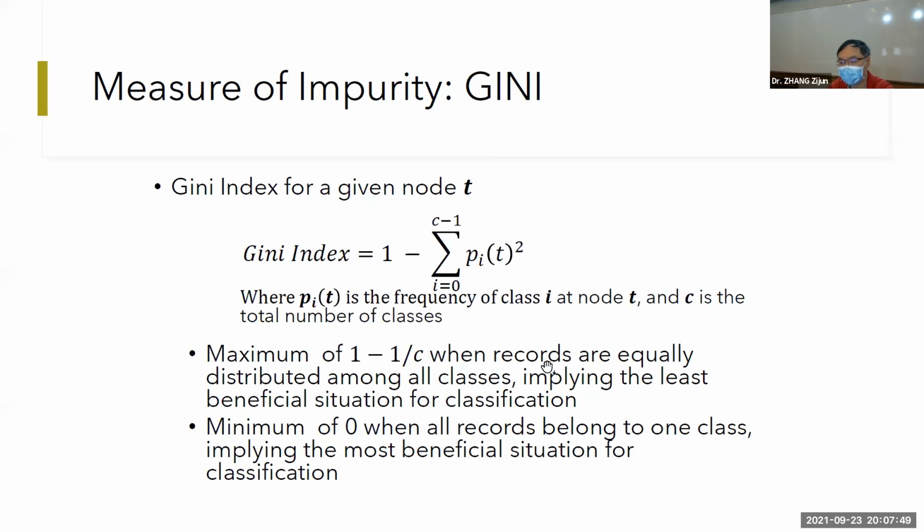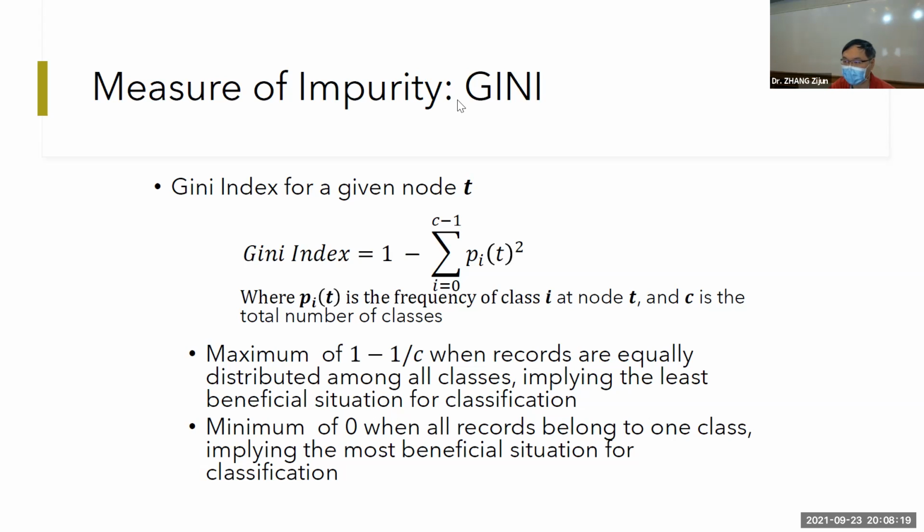If we look at this value, its maximum will be 1 minus 1 over C, the number of classes, when records are equally distributed among all classes, implying the least beneficial situation for classification. And the minimum of 0 when all records belong to one class, implying the most beneficial situation for classification.